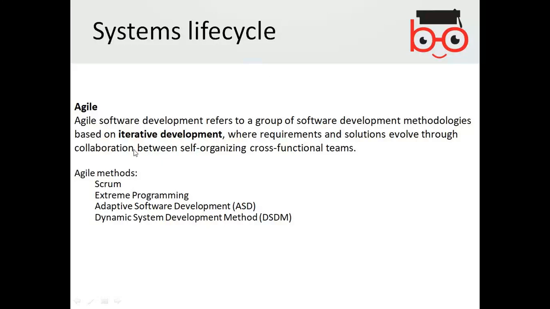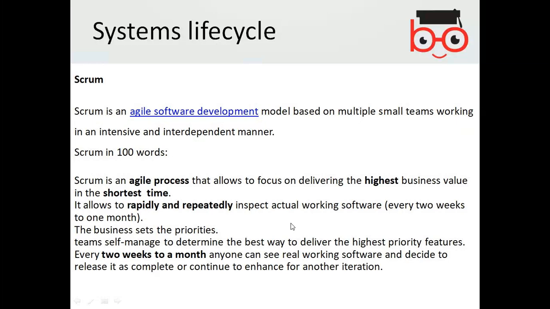in iterative development. The most popular agile methodologies are Scrum, extreme programming, adaptive software development, and dynamic systems development methodologies. Scrum itself is an agile software development model with multiple small teams working in an intensive and independent manner.